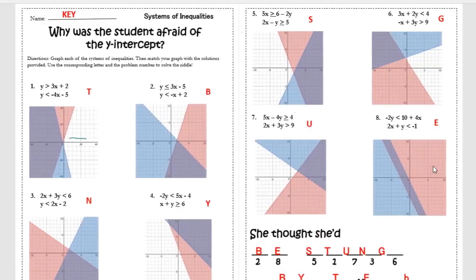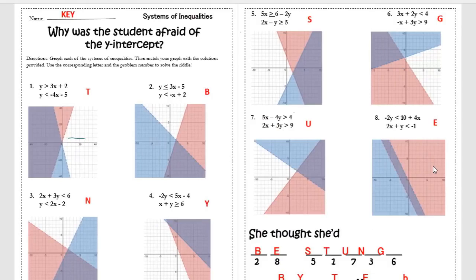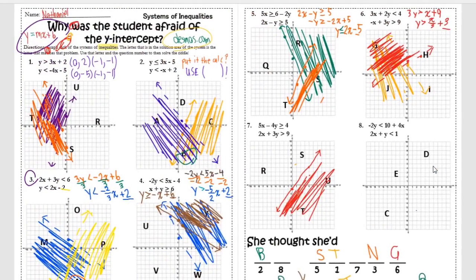So we're going to just have 3y is greater than negative 2x plus 9. Okay, so we got to divide every side by 3, because the 3 is multiplied to the y. So we're going to get y is greater than negative 2 over 3x plus 3.